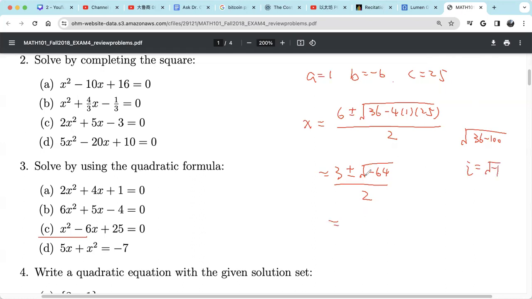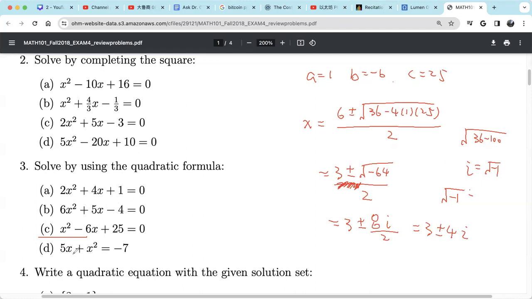So we have 3 plus or minus the square root of -1, which is i, times the square root of 64, which is 8, divided by 2. That's 3 plus or minus 4i. So two complex solutions for C. One is 3 plus 4i, one is 3 minus 4i.